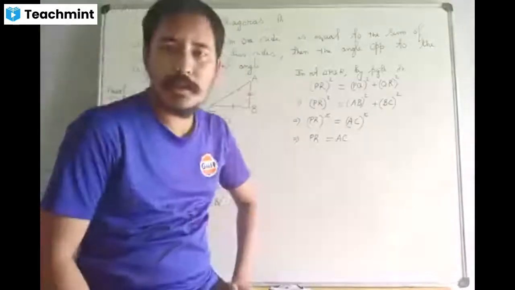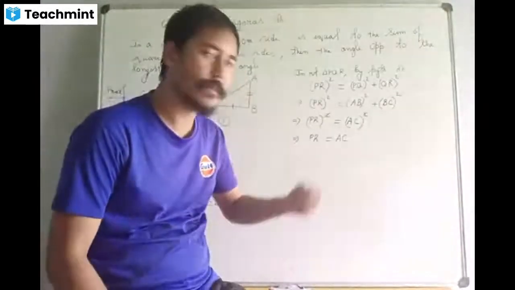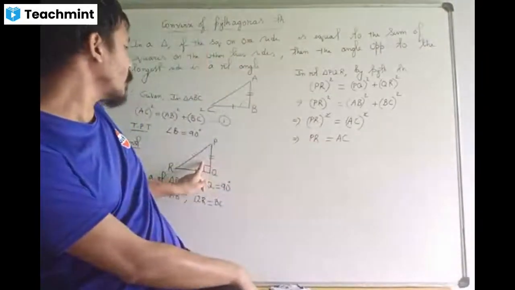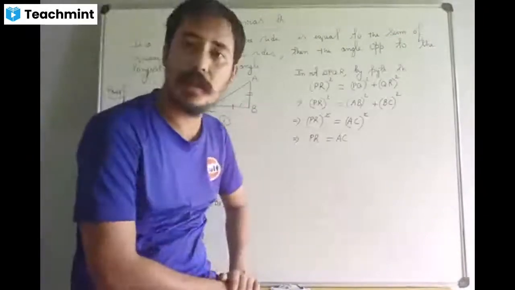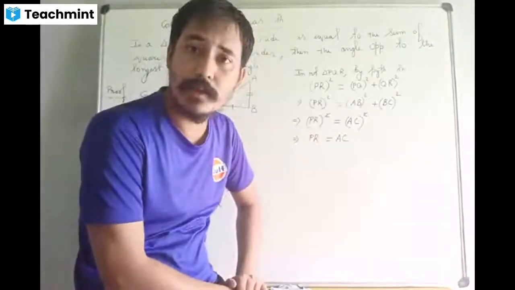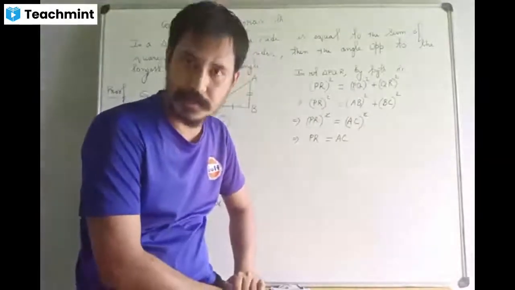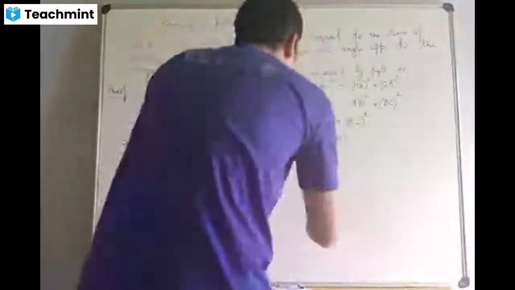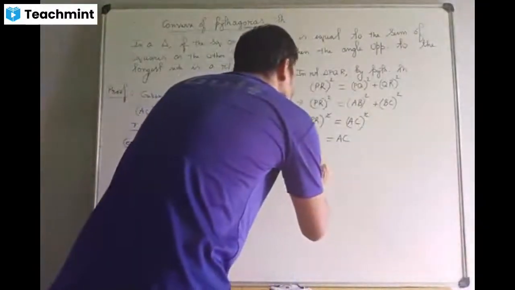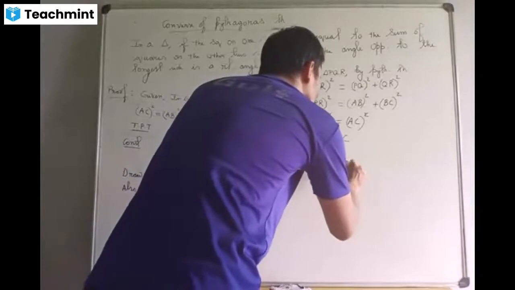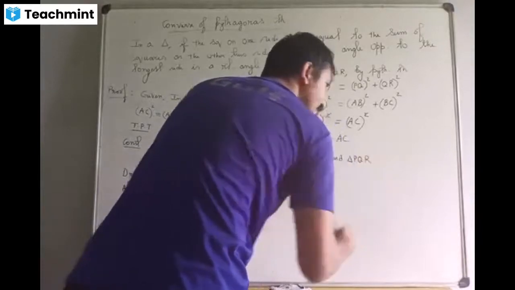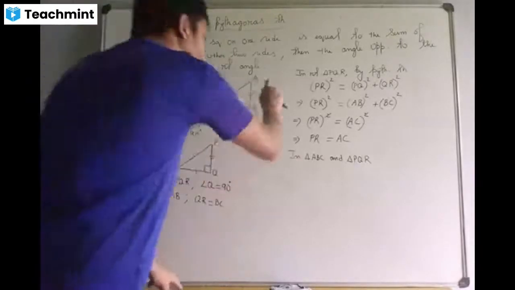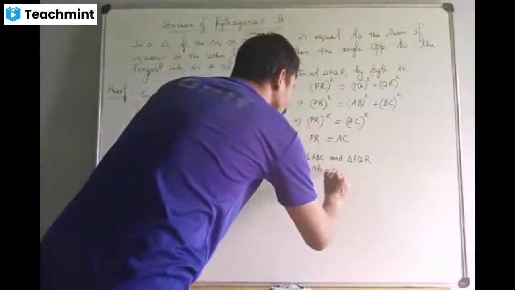Now here in triangle ABC and PQR, we have seen that all the sides are equal. Thus, all the sides of this PQR are equal to all the sides of this triangle ABC. That makes the two triangles congruent. So when I compare these two triangles, the length of AB is equal to PQ.